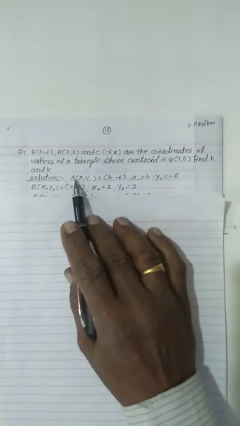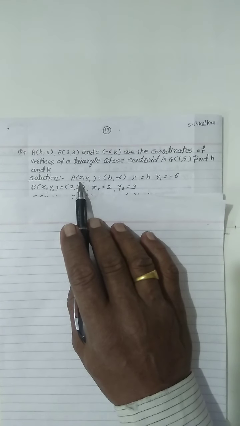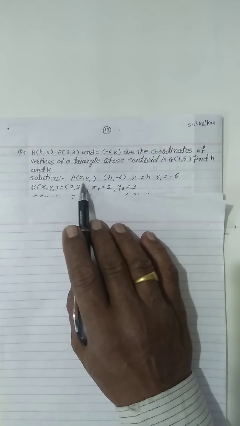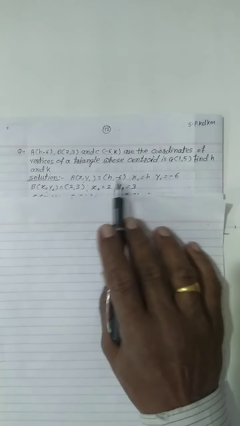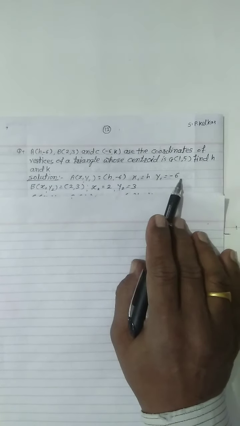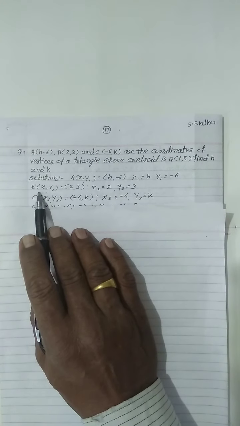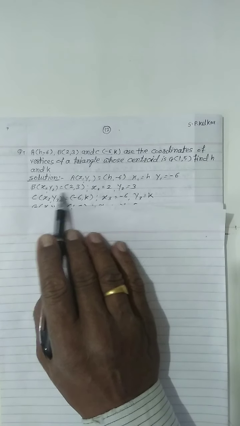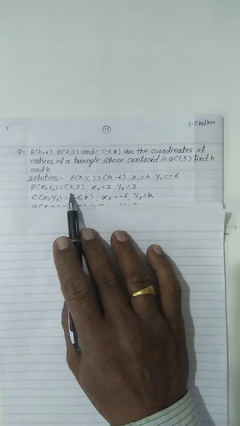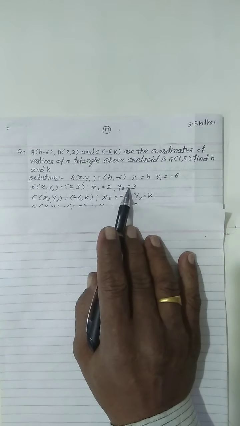In the solution, write down A, its coordinates are (x1, y1), that is the value of x1 is h and y1 is -6. Then point B, its coordinates (x2, y2), means the value of x2 is 2, y2 is 3.